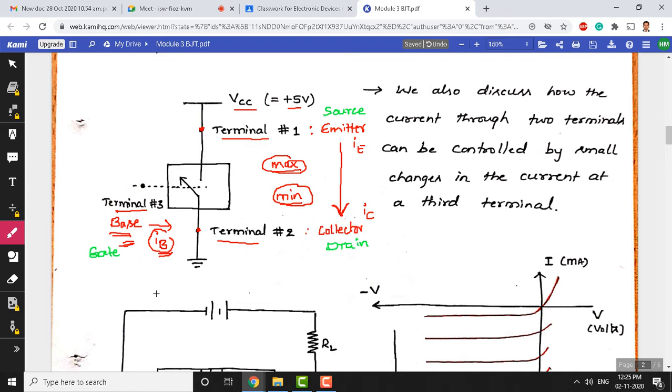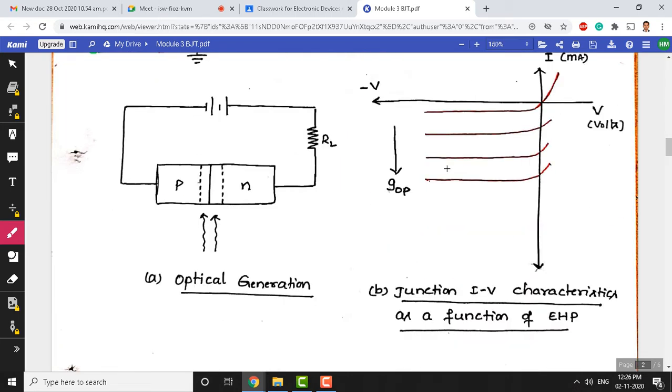In FET, we vary the voltage between source and gate, and using that I can control the current movement from source to drain. I would not like to spend more time on FET, because we have a separate module for that discussion. So with that information I will move on to the next content.